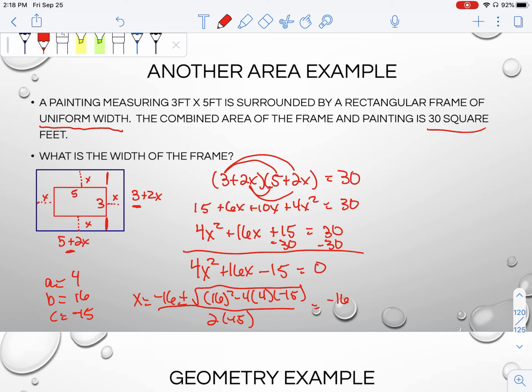So negative 16 plus or minus the square root of 496 if you do the calculation, all over 2a, this should be a 4 down here, all over 8.